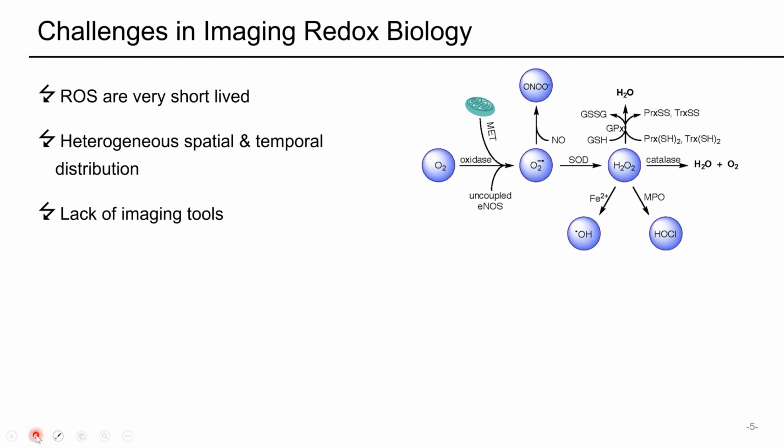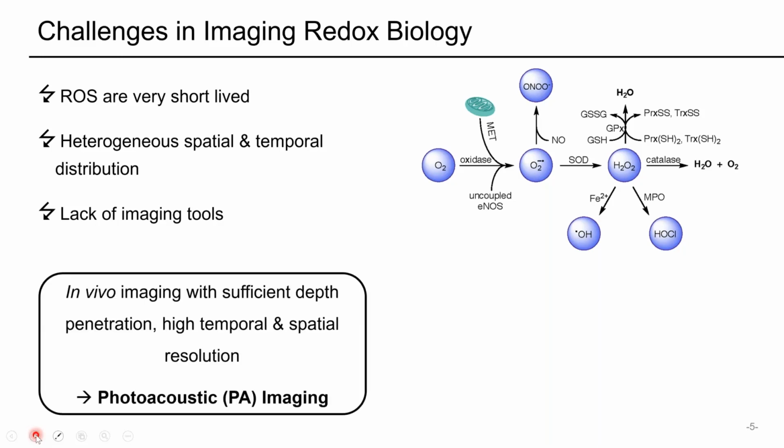Additional to this, there's a lack of imaging tools, since most of the ones used at the moment either disturb cellular integrity, generate ROS themselves, lack temporal and spatial resolution, or are just not applicable for in vivo imaging with a sufficient depth penetration. And thus there are two areas which we wanted to address.